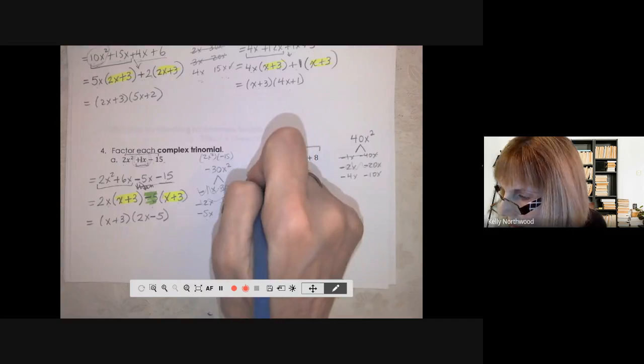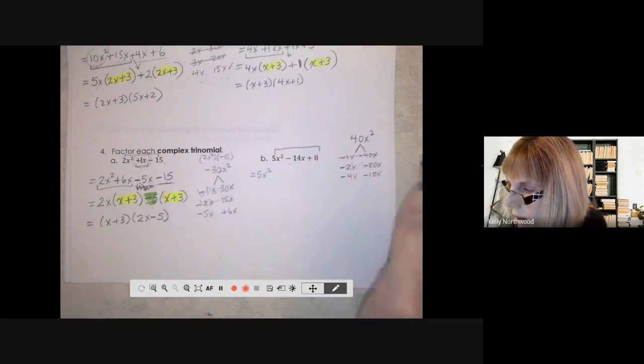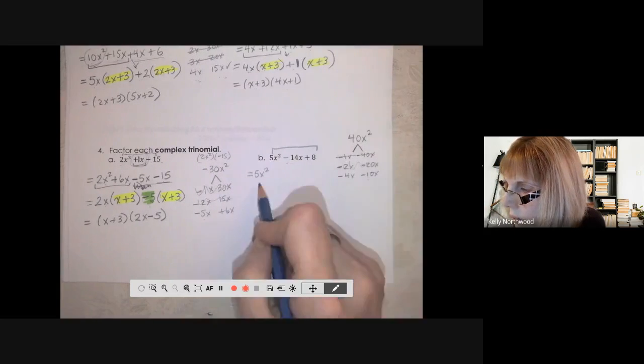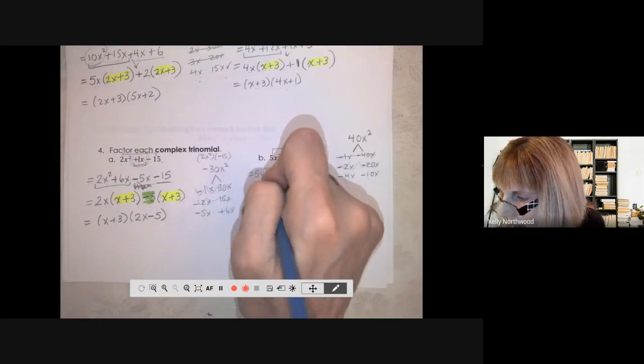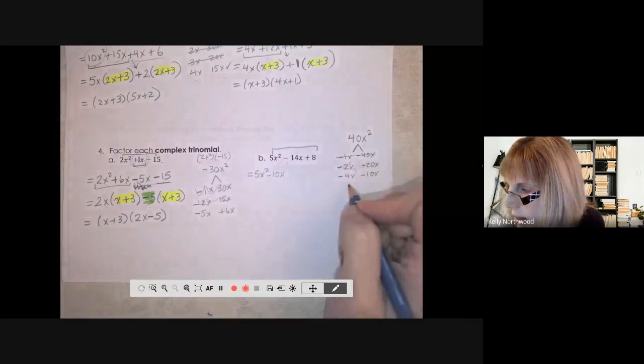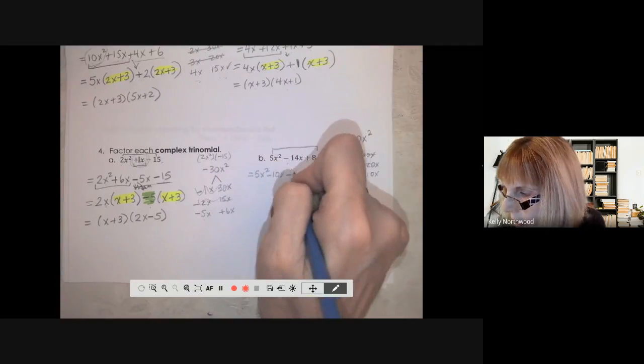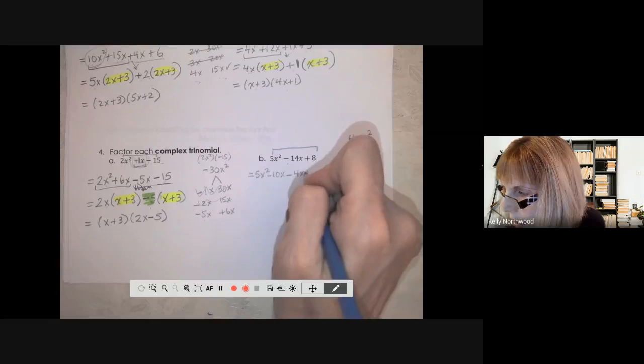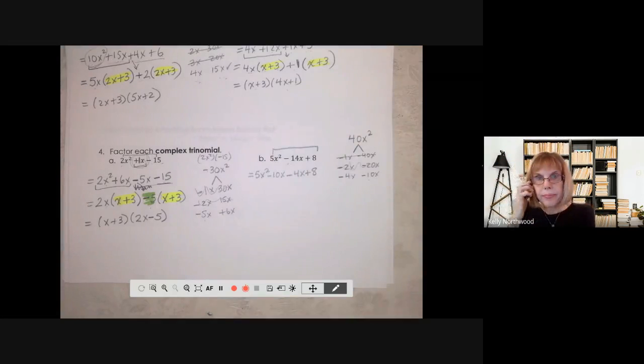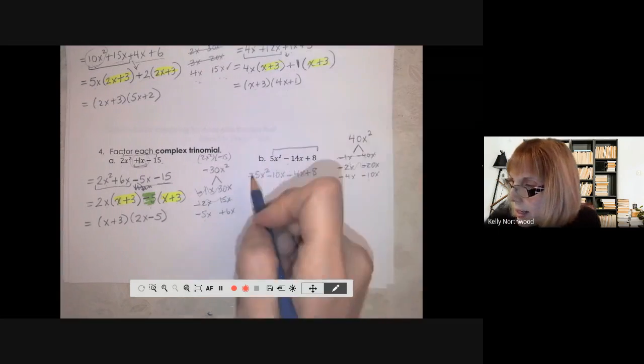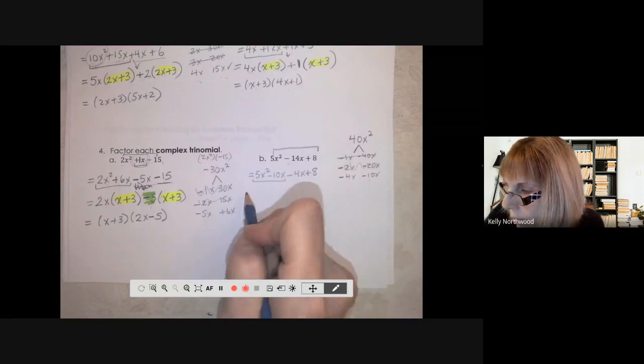So I'm going to recopy my 5x squared. What's got more in common with 5x squared? Negative 10x does, so that goes next. Then the negative 4x, then the plus 8. So now you've decomposed the negative 14x so that you can factor by grouping.